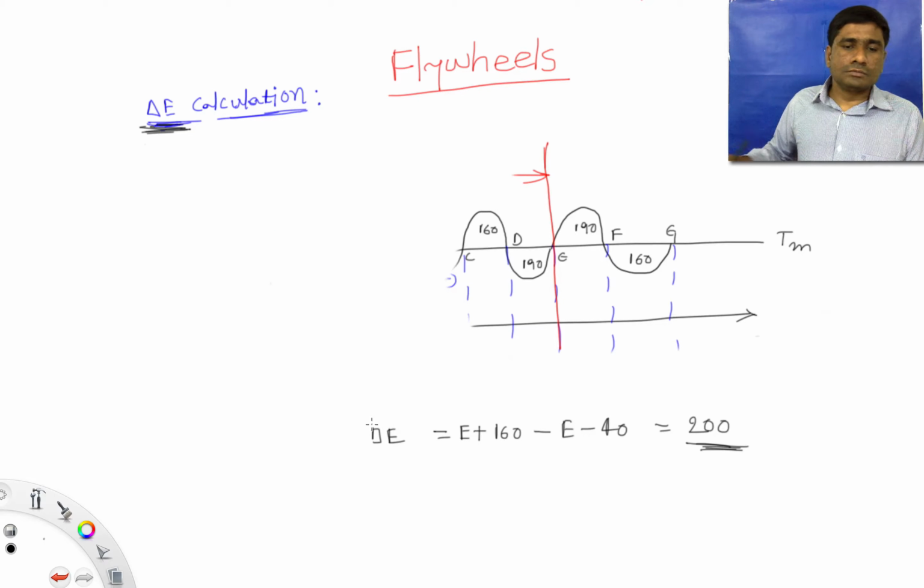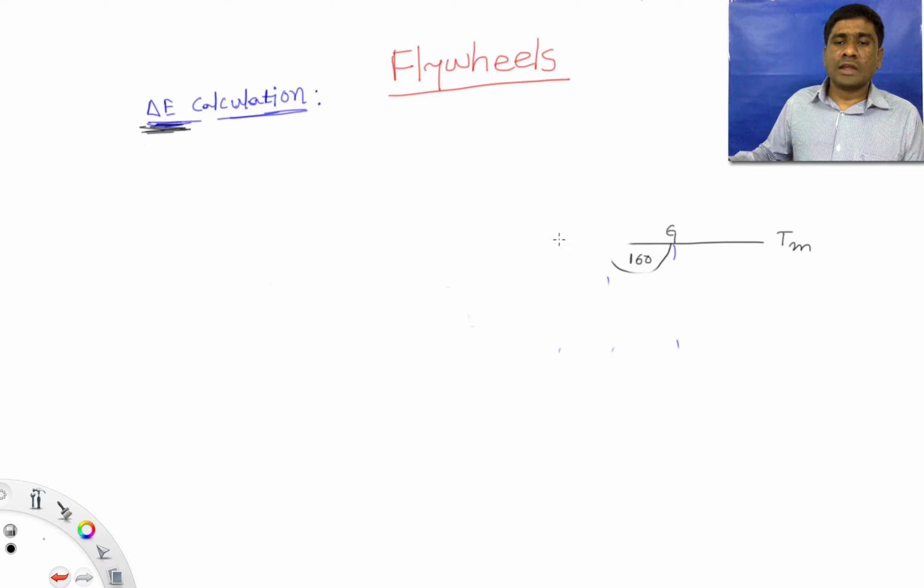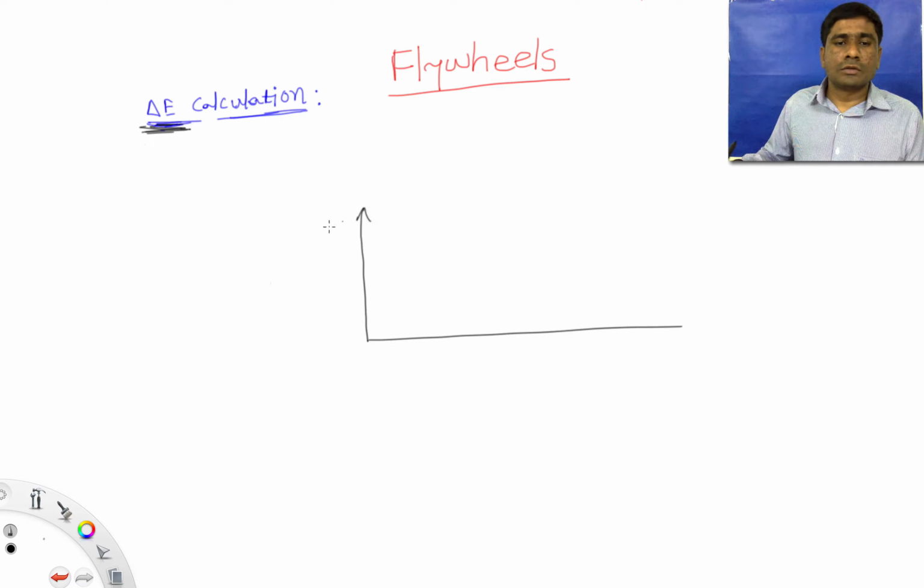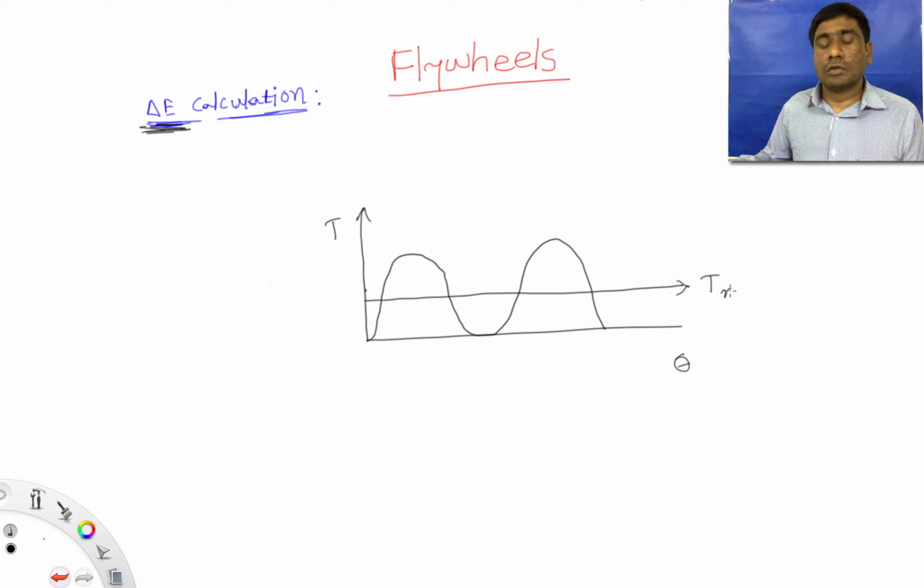For example, if the diagram is just like in the two-stroke double acting engine, that means if the T theta diagram is, this is T and this is theta, if the T theta diagram is like this, and if you know the T mean, then you calculate the surplus and deficit areas, and whichever area has the maximum value, you take that as delta E, irrespective of its sign, whether it is a surplus area or a deficit area.